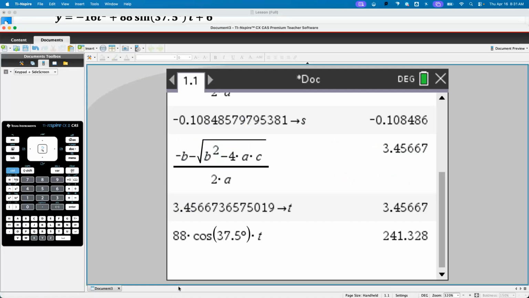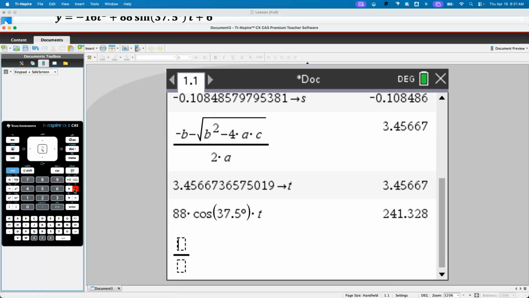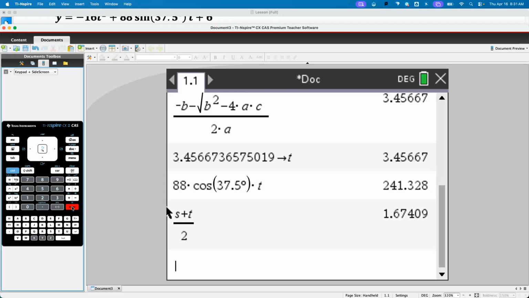So for me, that is S plus T divided by 2. I get 1.67409.